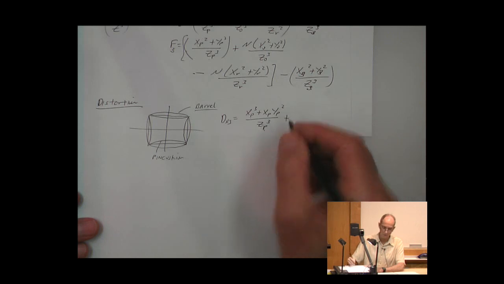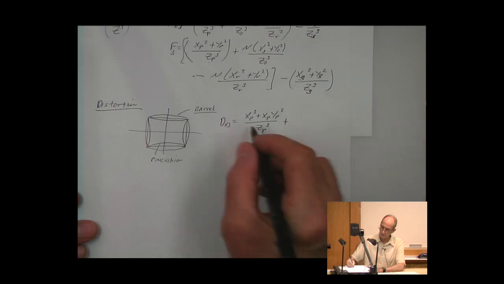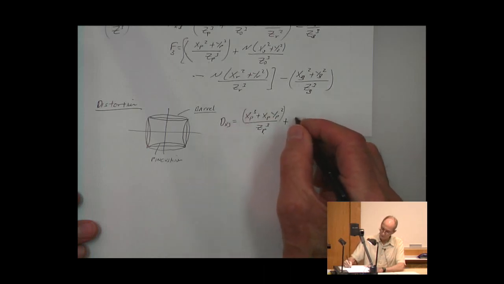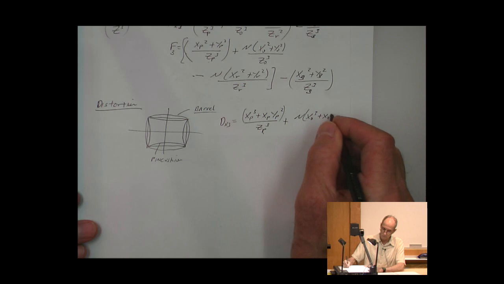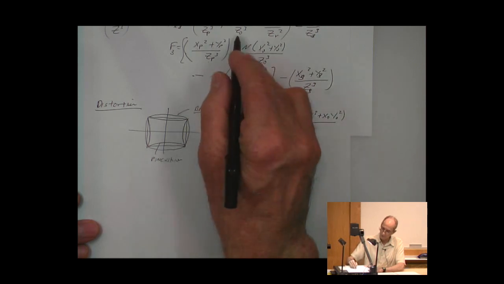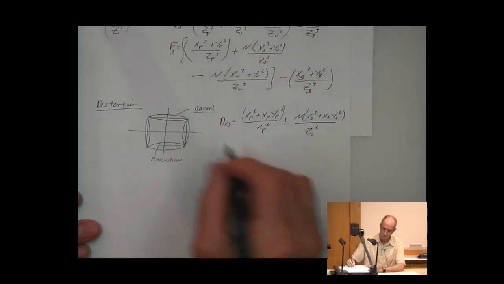And the other terms are similar to what we had here, except it has this as the numerator for all of them. So I'll just quickly write out one of these. So we have mu xo cubed plus xo yo squared, similar to that, over zo cubed, and then we have one term like that.